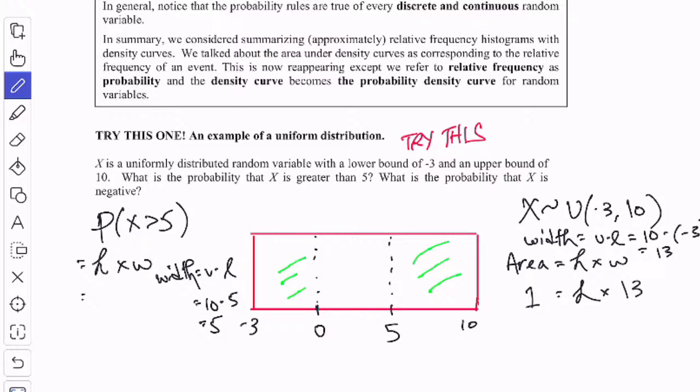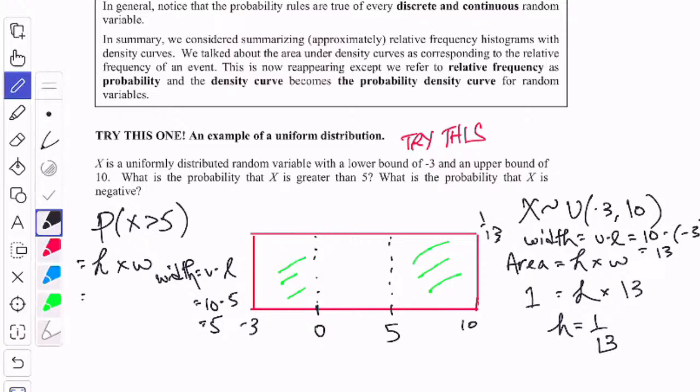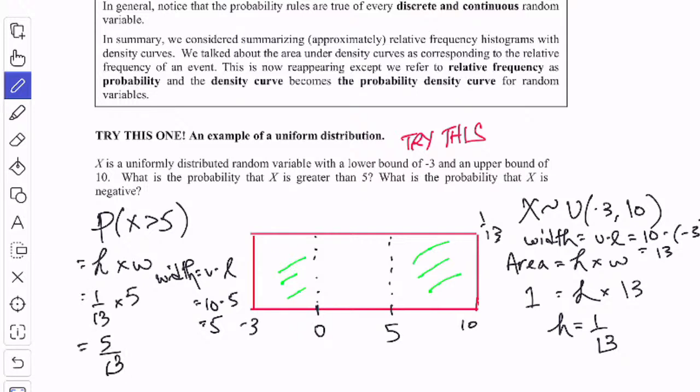So the height for the whole thing is 1 over 13. Again, it's not to scale. That's okay. 1/13 is very small. It should be really flat, but it's fine, as long as I write the numbers on it, you should be able to follow along, because this is a better drawing than if it was just this little thin box. All right, so that means height is 1/13 times width of 5, which makes the answer 5/13. So we're done.